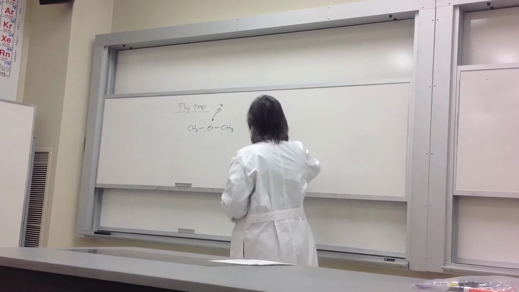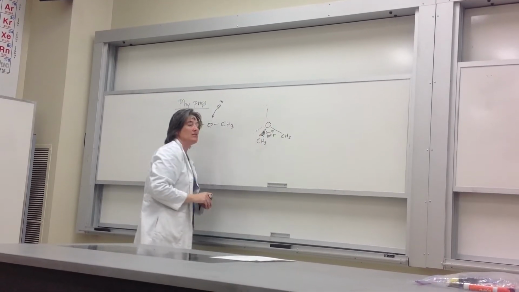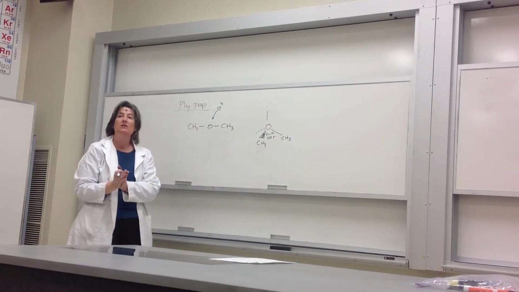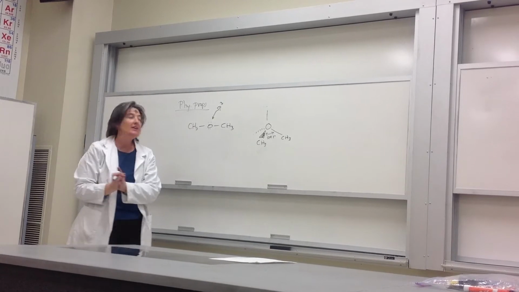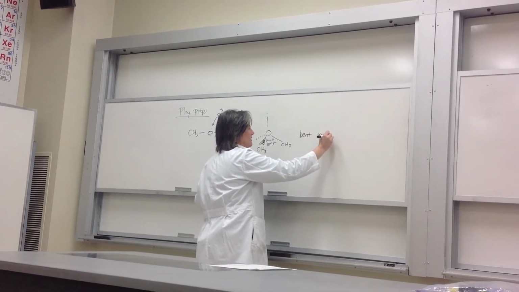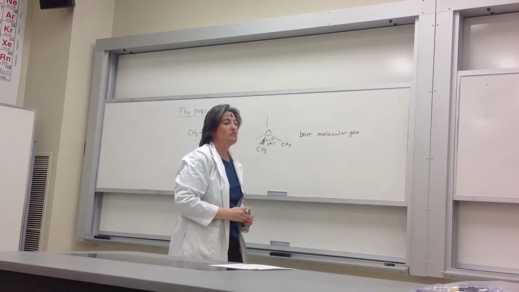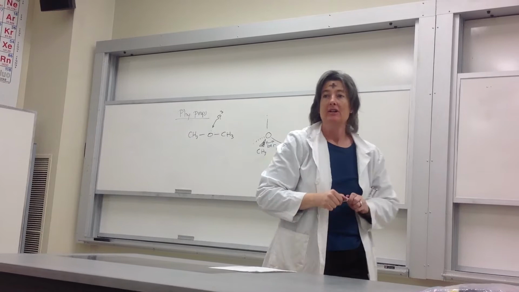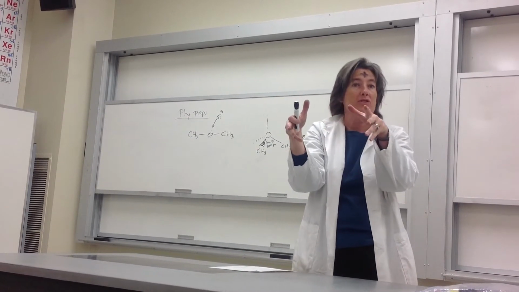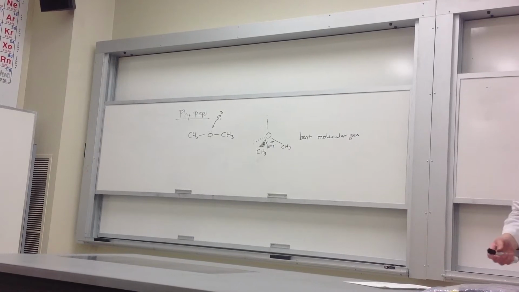But you can't see the lone pairs, right? So what's the geometry of an ether, the actual molecule? It's bent geometry. So we have bent molecular geometry. And the bond angle, roughly 109.5, squeezed down a little bit by the lone pairs. Very similar to water in how it appears.